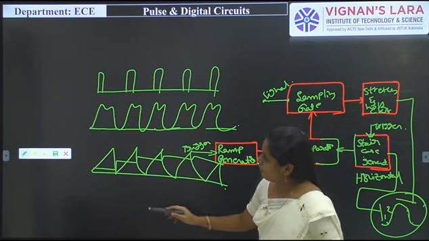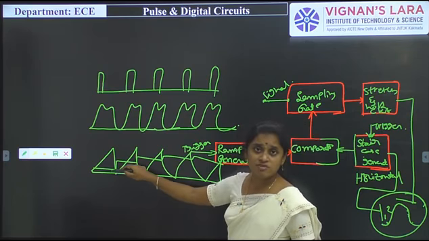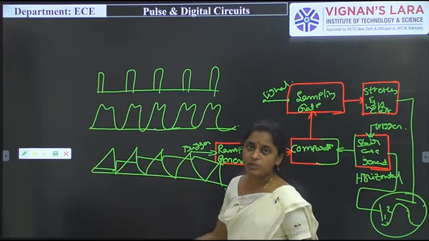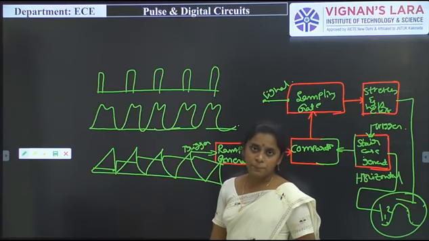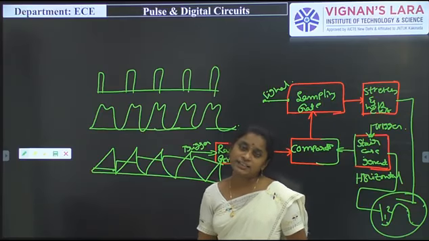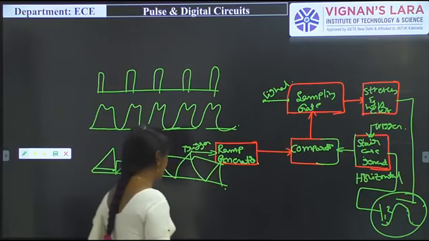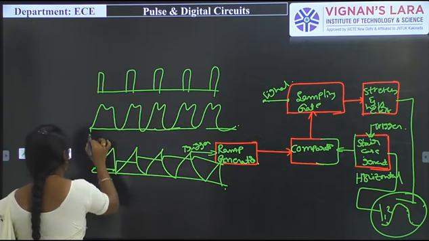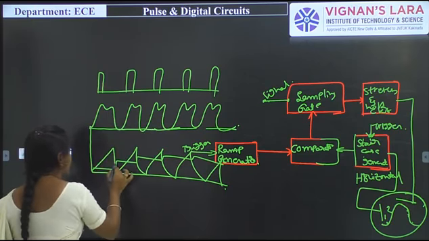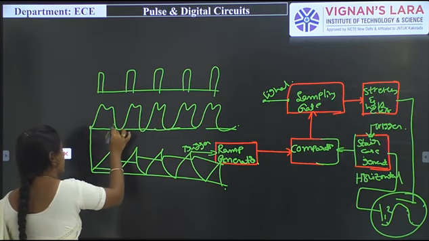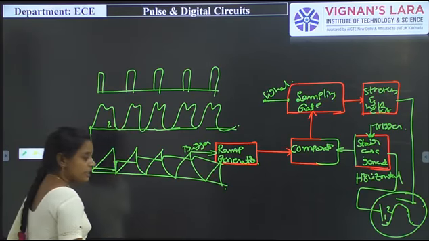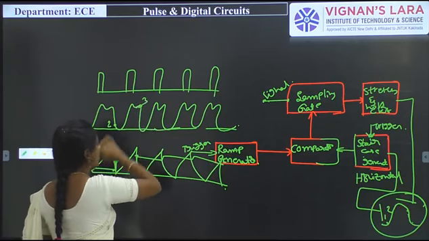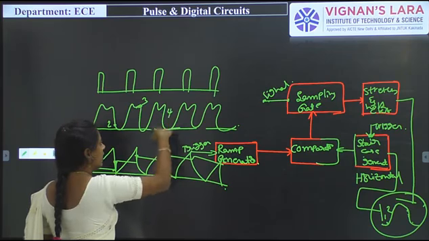Whenever this ramp and staircase signal are compared, wherever they meet, at that particular time we have to generate the output. At the first condition the output will be here, and wherever it touches here, the output will be in the second position, and the third position will be where it touches here, like that.